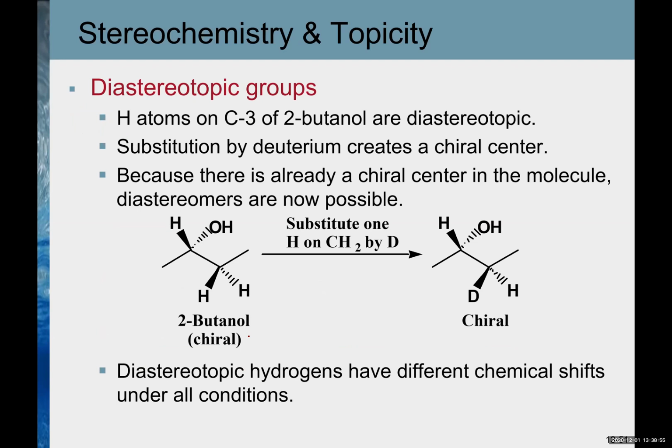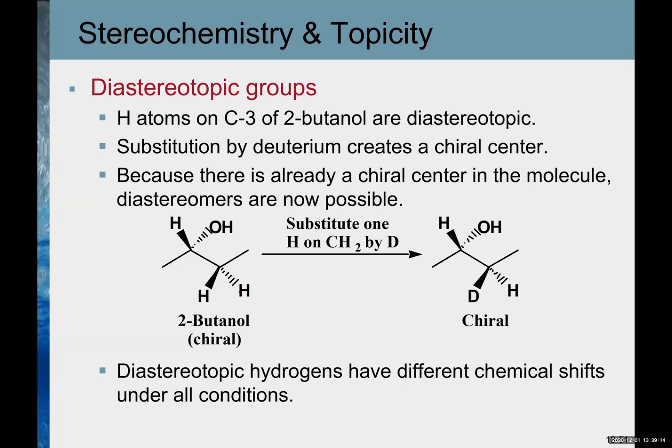The last category is that your starting molecule is chiral, and then you replace one of the hydrogen atoms with another isotope and we create another chiral center.